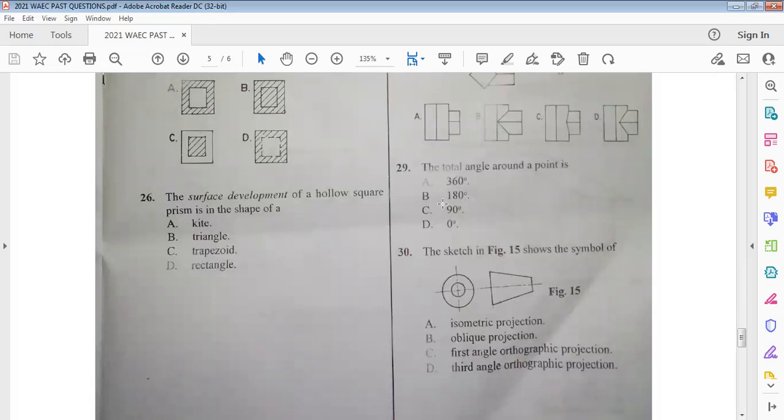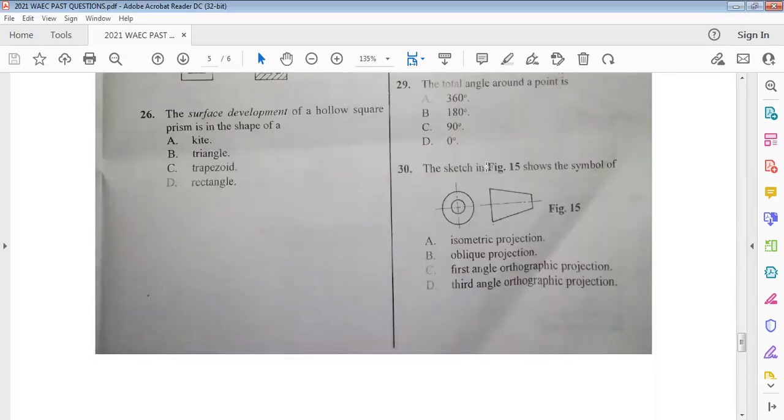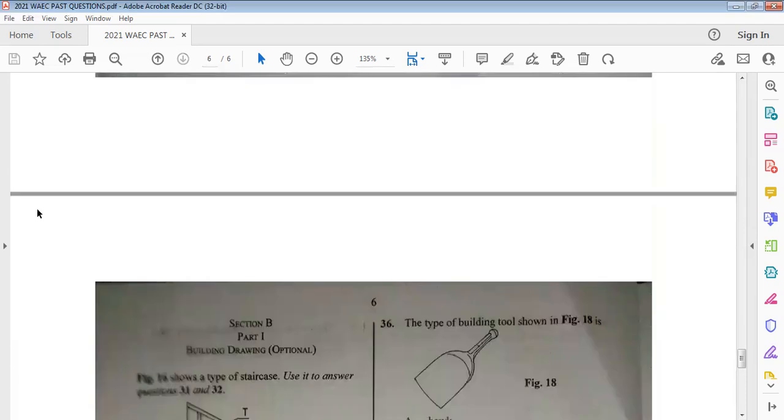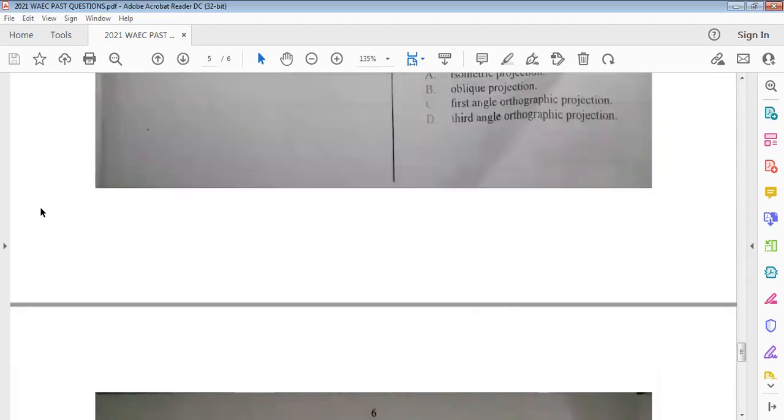That is option A. And question 30, the sketch in figure 15 shows the symbol of first angle orthographic projection. So we are done with the first 30 questions, which is on general geometrical questions.